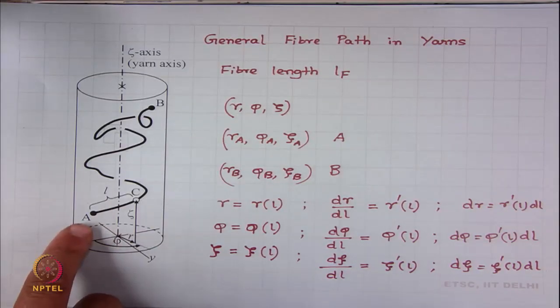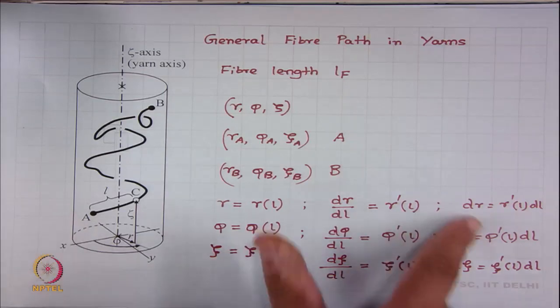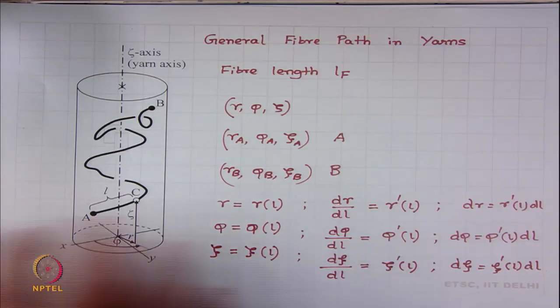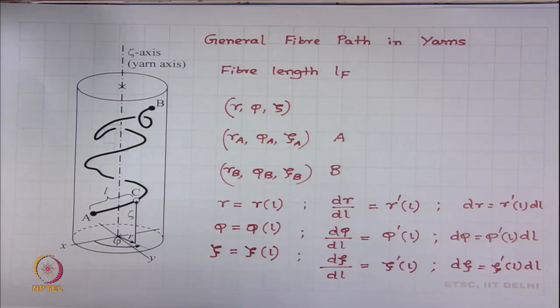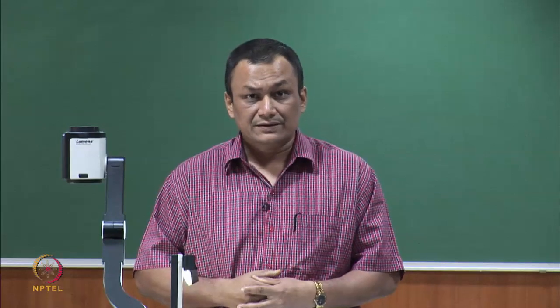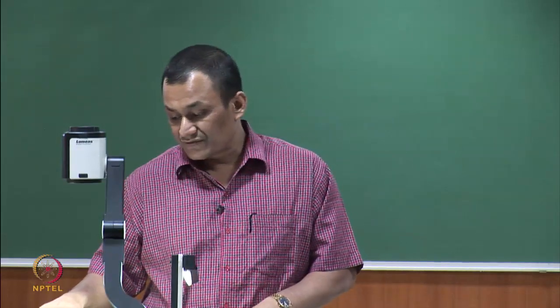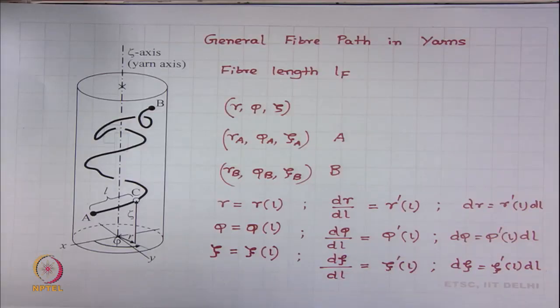If we know the starting point as a boundary condition, then by using these differentials we can obtain the fiber path along the fiber inside a yarn body. So, in order to know the fiber path, we must know these differentials and also the starting position. Here it is A.